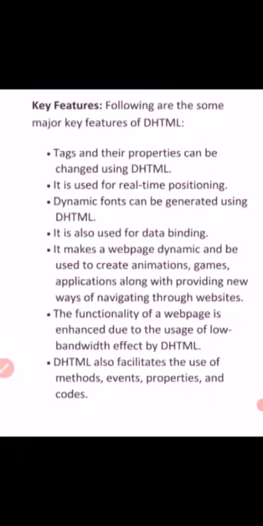Then coming to the key features of DHTML. The first feature is that tags and their properties can be changed using DHTML. We know that there are a lot of predefined tags, so we can change these tags using DHTML.